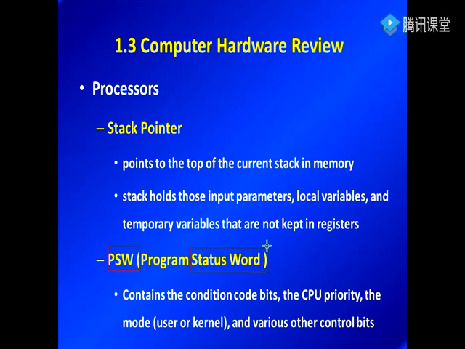The information about user or kernel mode is recorded in the PSW.